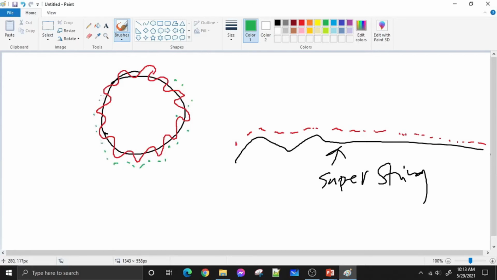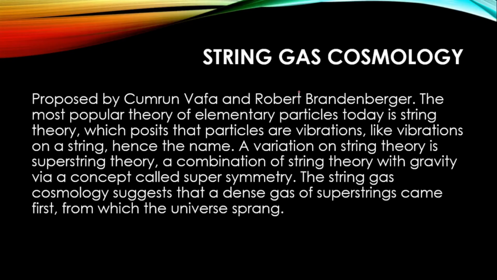And because of its structure, the donut-shaped superstring creates forces that represent the gravitational force. So that would be your string gas cosmology.